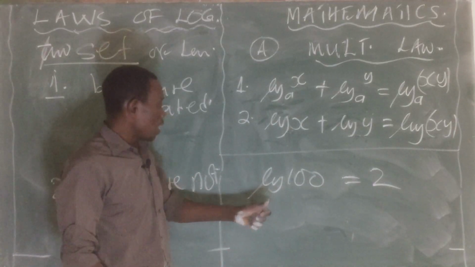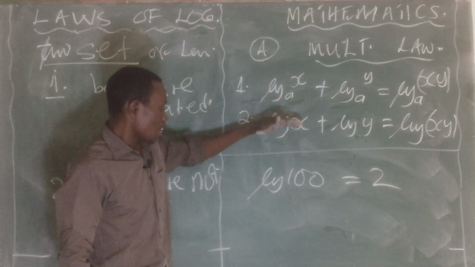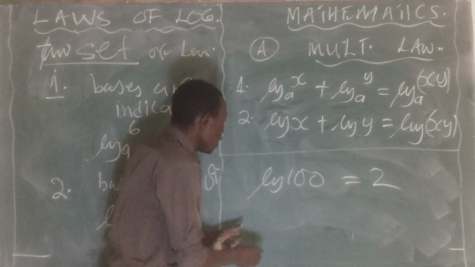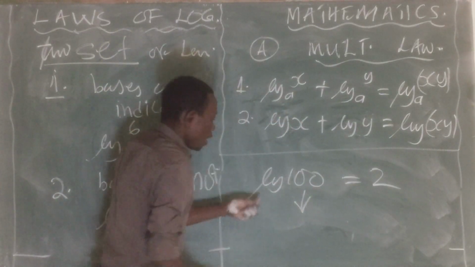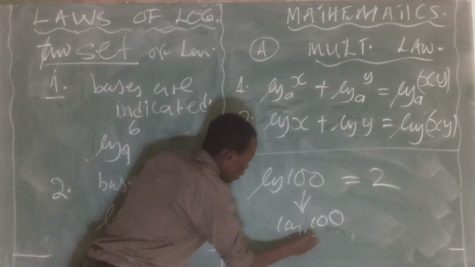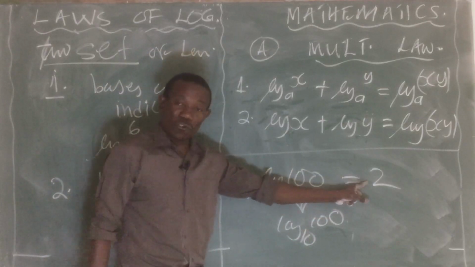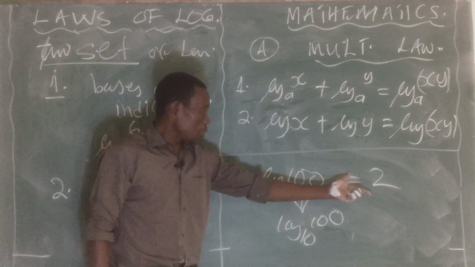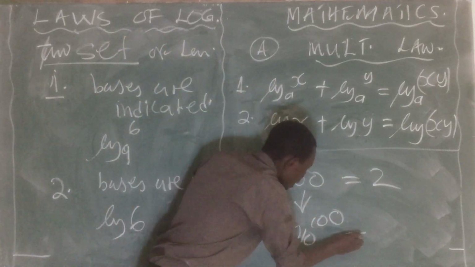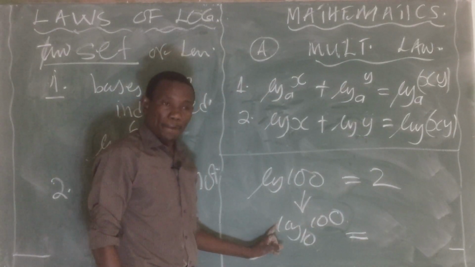Right. By what we have discussed, this is as good as writing log of 100 to base 10. And you can work this out directly and get the 2, which you also get from the calculator. How can you get a 2? Just by understanding what this expression means.